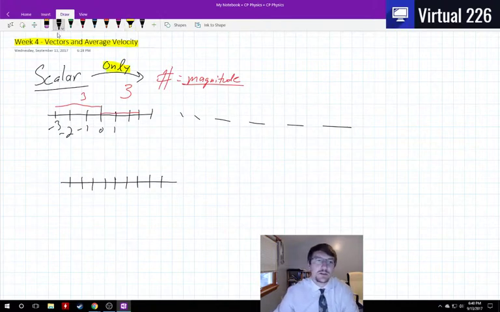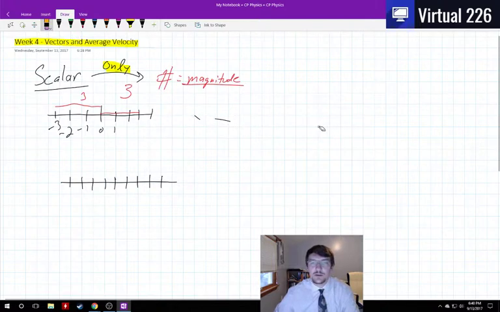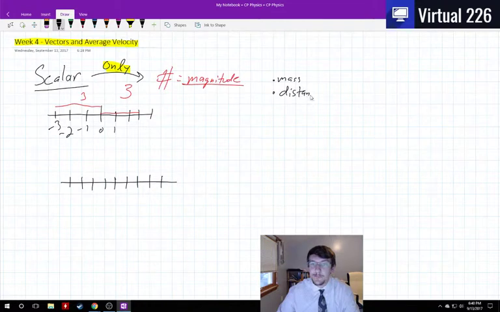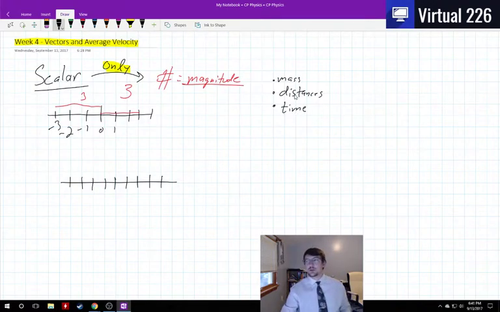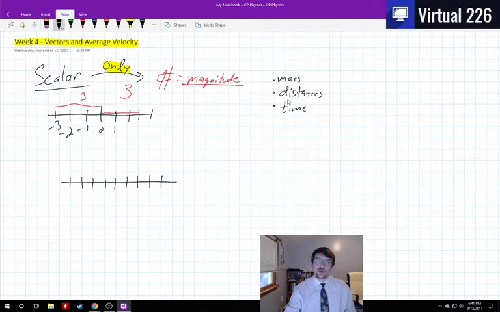Common scalars that exist are things like mass, distances, time can technically be considered a scalar. These are common scalars that we are going to use throughout the year.